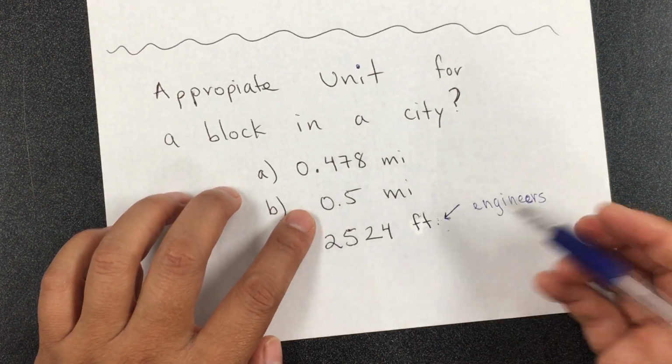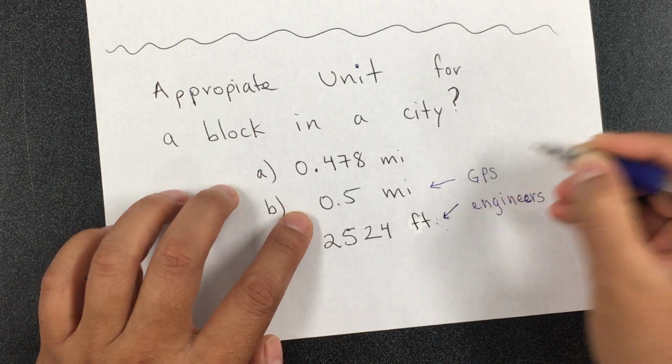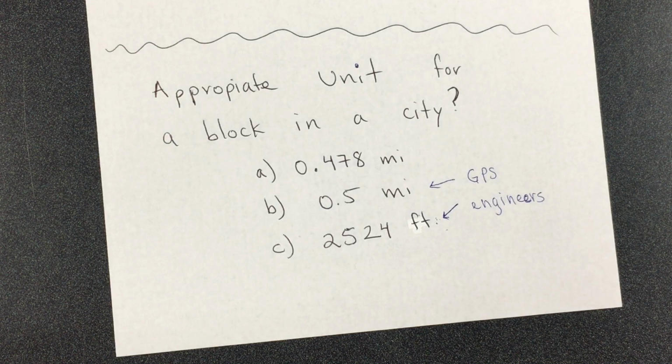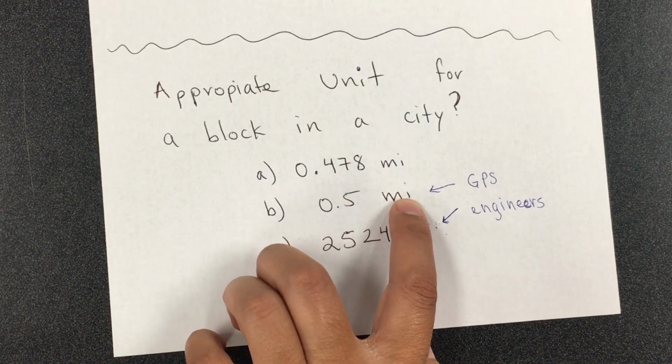If we're rounding, that will probably be like if you're using the GPS. And I don't know if you have noticed, if you're telling your friend, oh, I'm like half a mile away, 0.5 would be more appropriate.